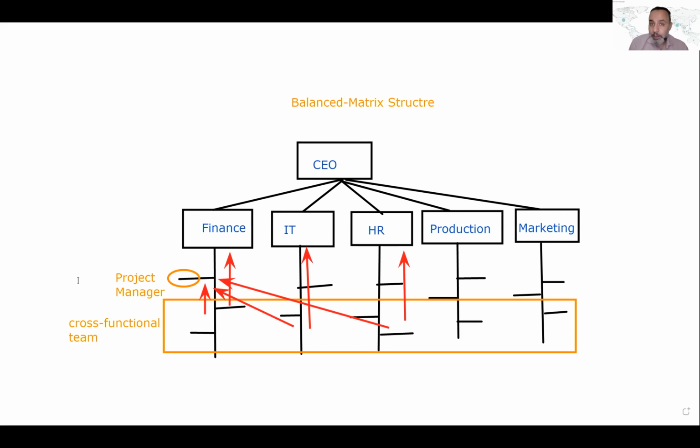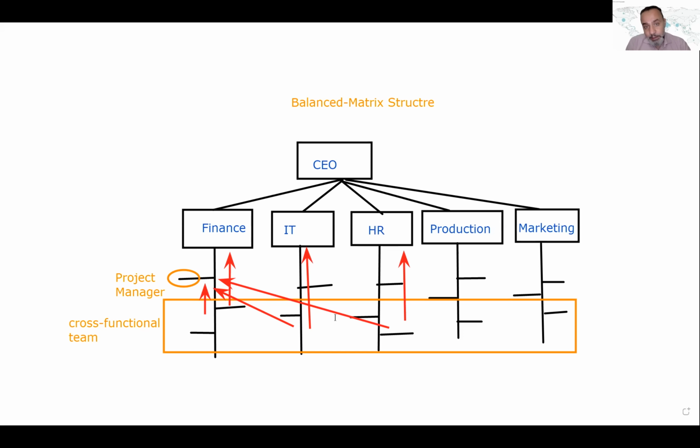Which might again create some confusion in the project team, because now they have the same priority levels. They need to focus at the same time on their departmental work and on the project tasks, because they have the same priority and they have two managers that they need to report to. Okay.